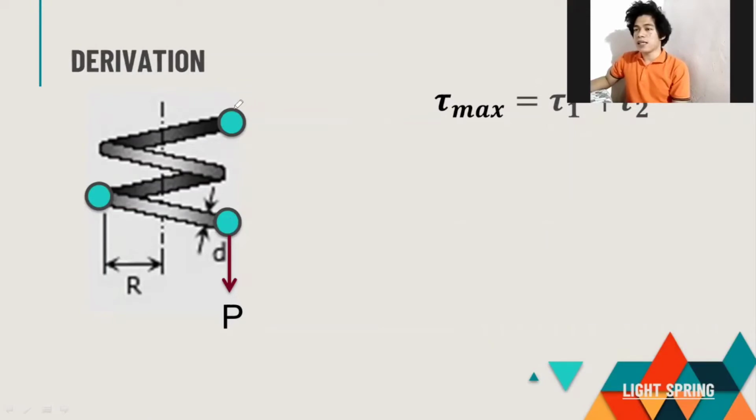So again class, itong ating wire na to is, sabi nga dyan, siya ay round rod, kaya yan ay round. Okay, so we have a diameter here. So given na meron tayong force P dito, ito lang yung pinakita na force.